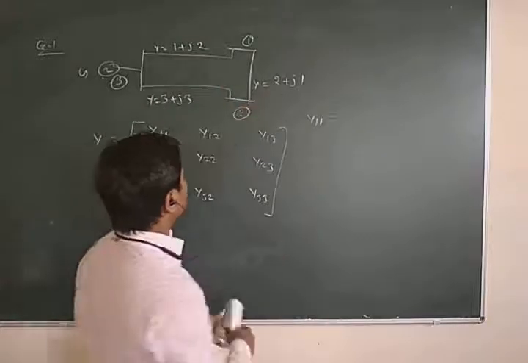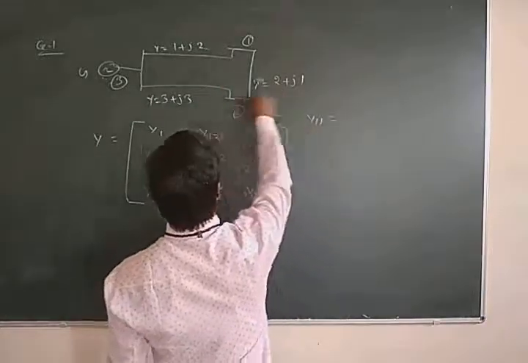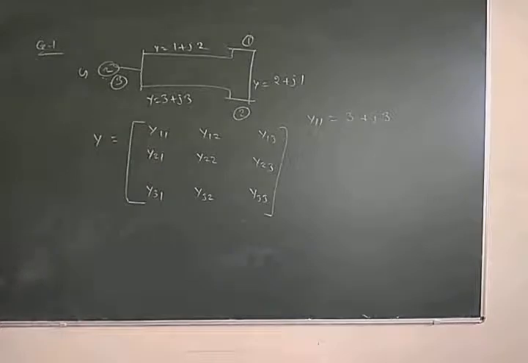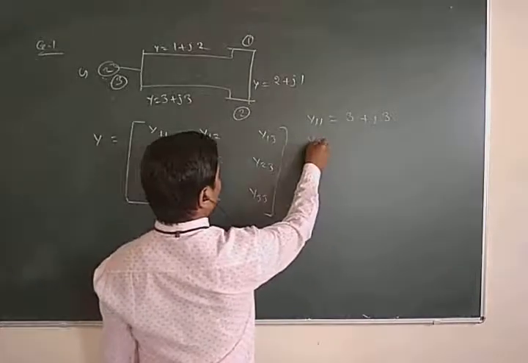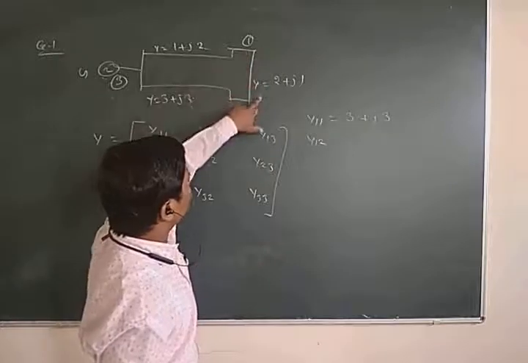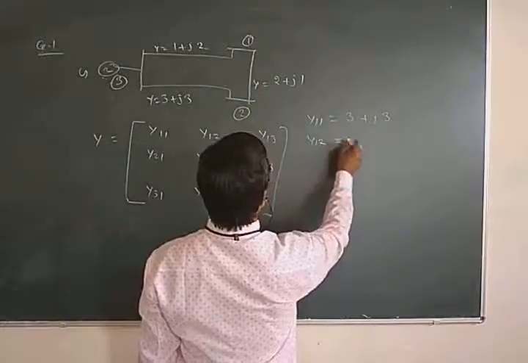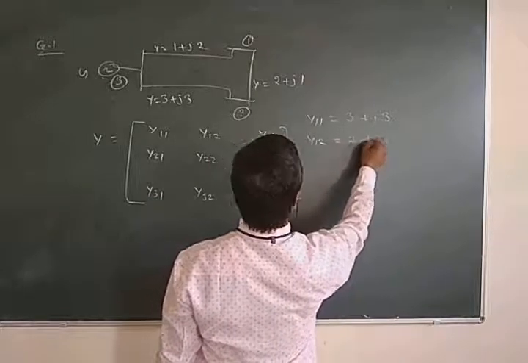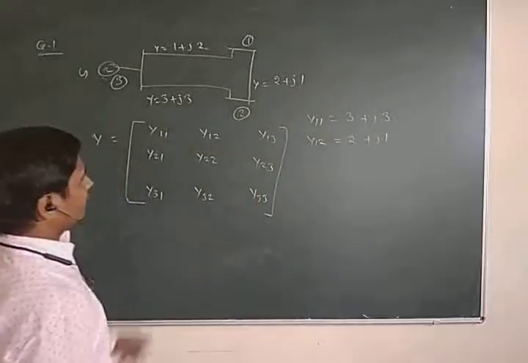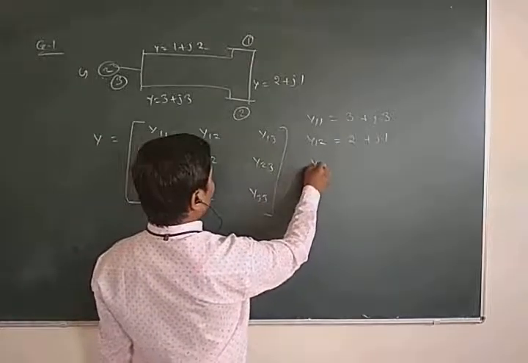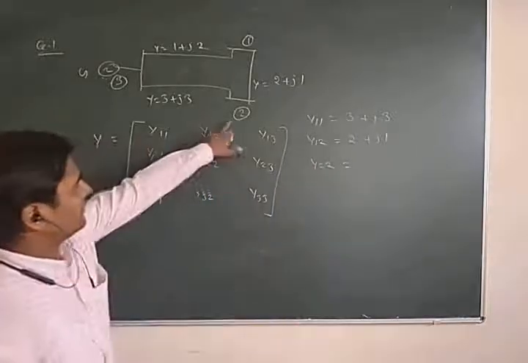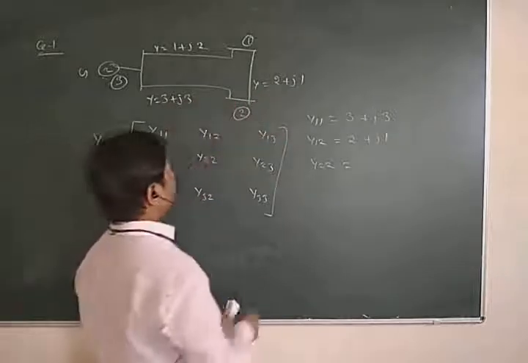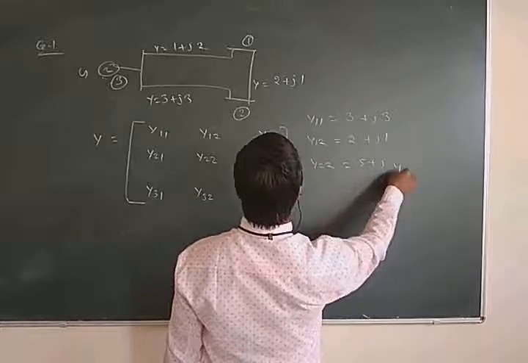So at bus number 1, Y11 is equal to 2 plus 1, 3, plus J3, and Y12 is equal to minus 2 minus J1, that is 2 plus J1. Similarly Y22, the total admittance at bus number 2, is the sum of this and this, so 3 plus 2 is 5 plus J4.